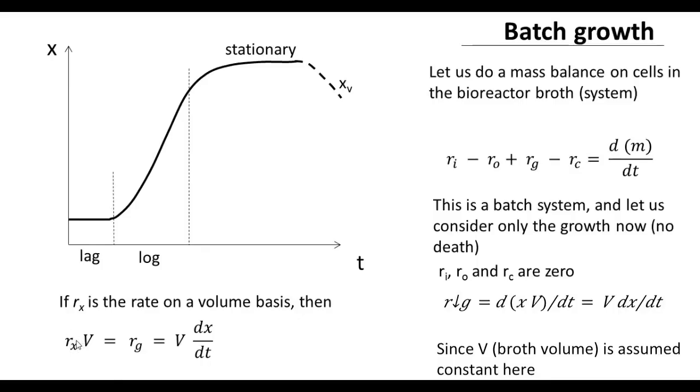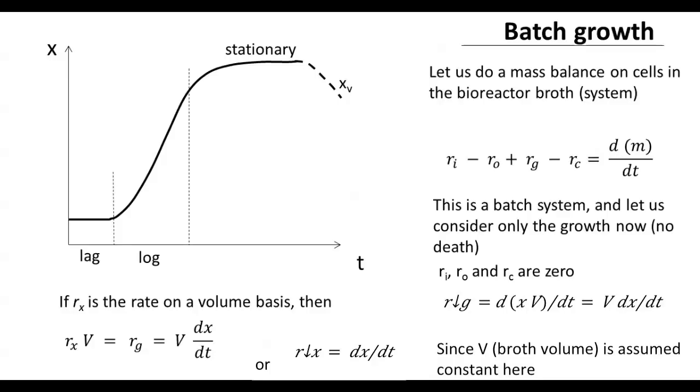In other words, the rate of change of cell concentration with time is what Rx is. Therefore, rate of change of cell concentration times the volume would be the rate of change of mass. Rate of change of mass, not concentration. Therefore, Rx times V equals Rg, and that equals V dx/dt from here. So, if we equate this and this, Rx is nothing but dx/dt.